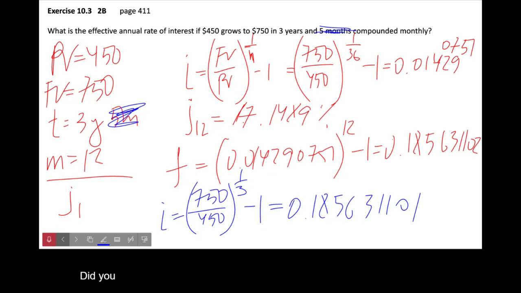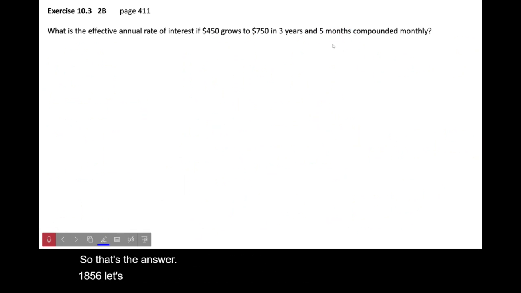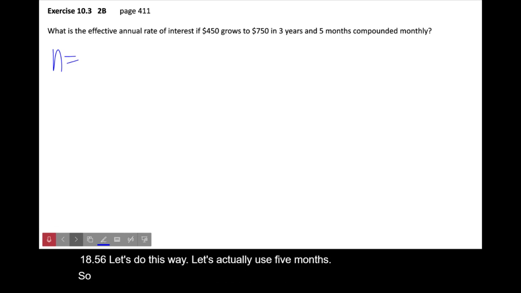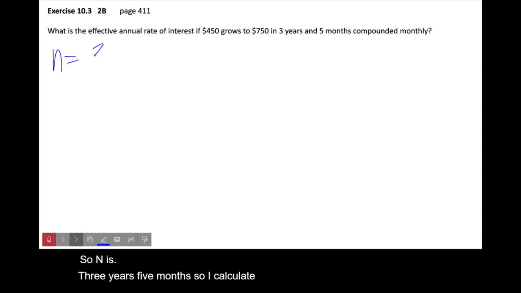Did you finish, people? Okay, so that's the answer, 18.56. Let's do this way. Let's actually use 5 months. So N is 3 years, 5 months. So I calculate monthly. So 36 plus 5 is 41.